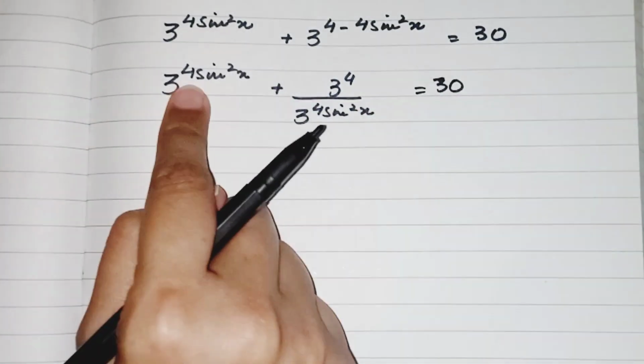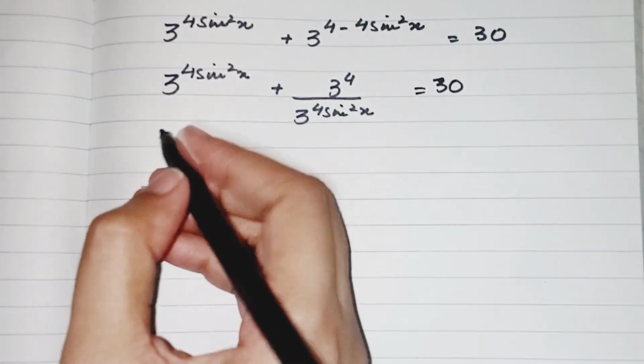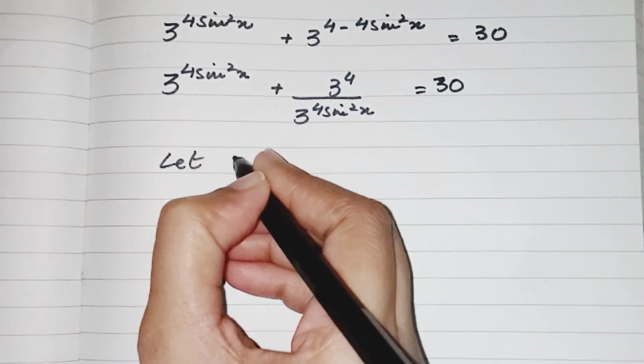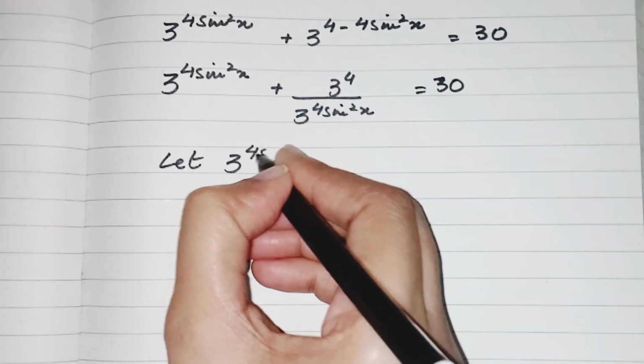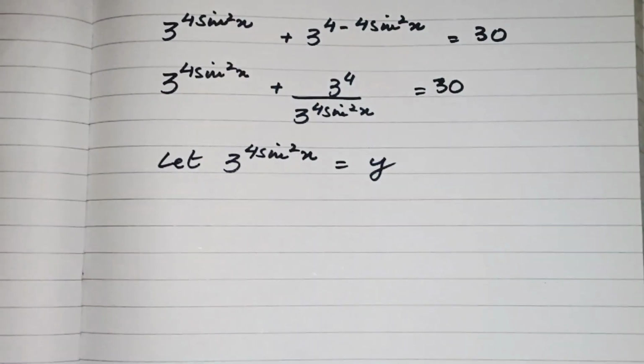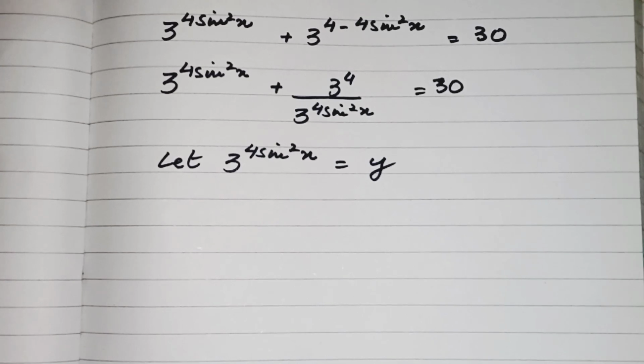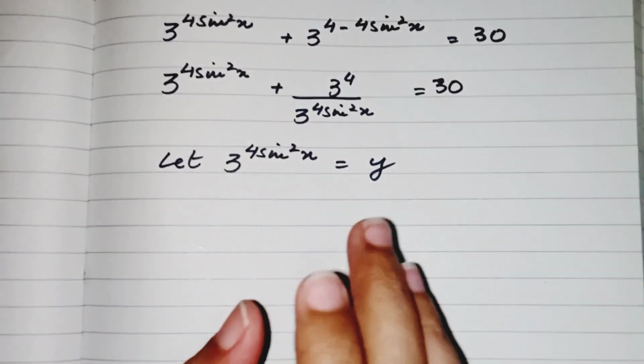Now in two terms we have 4 sin²x with the same base, so I can say let 3 power 4 sin²x equal y. You can take any other variable of your choice; I am taking y. Why are we doing that? To simplify this equation into its simplest form. Solving it as 3 raised to the power 4 sin²x is more typical, so for the easiest way we replace it for now.